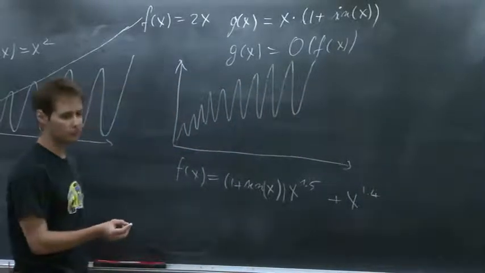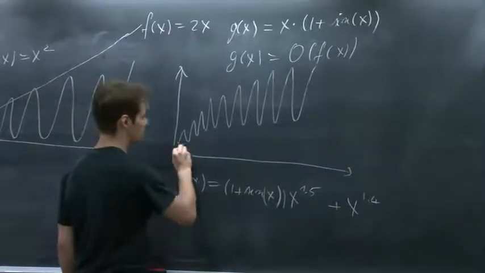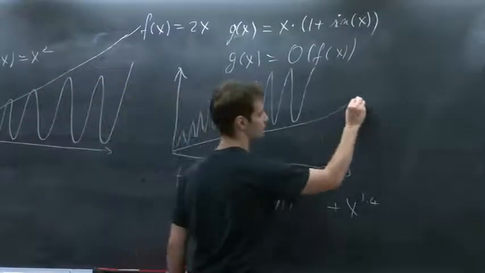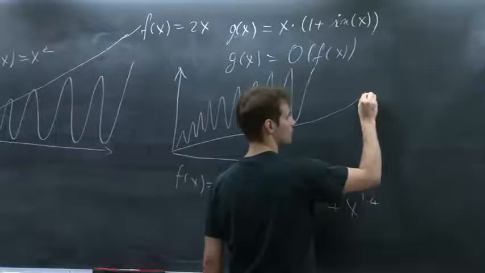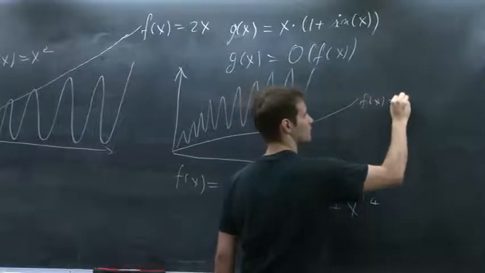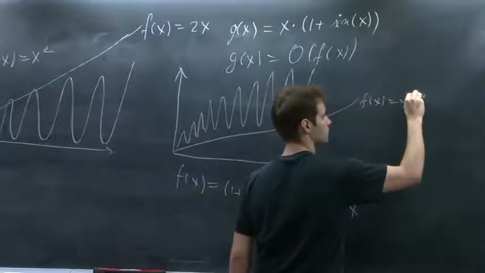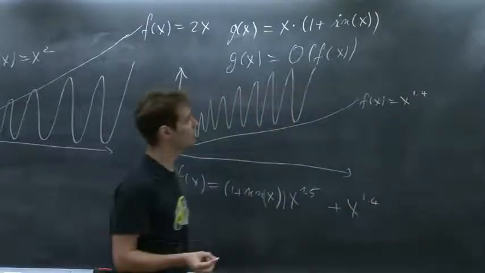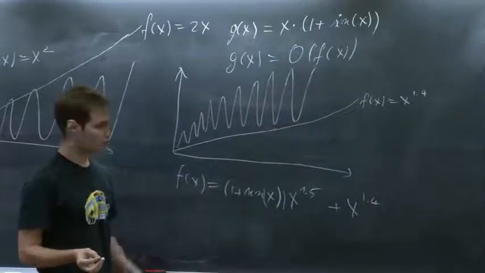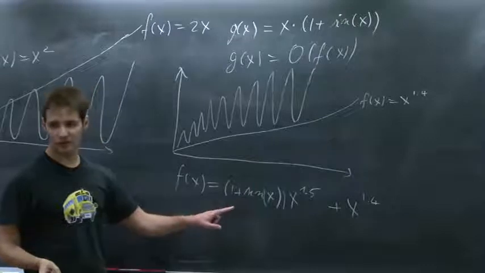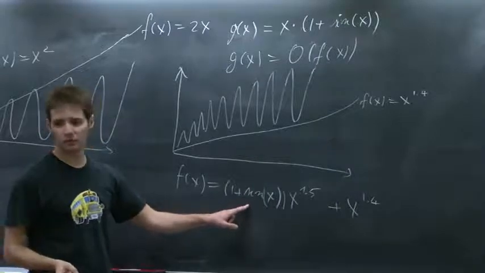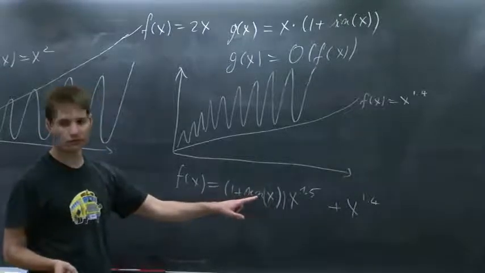So for this function, I know for sure that it is greater than x to the power of 1/4, right? I know for sure that it's greater than that. Also, if I look at this, and I know that sine is never bigger than 1, I know this whole thing is going to be at most 2.